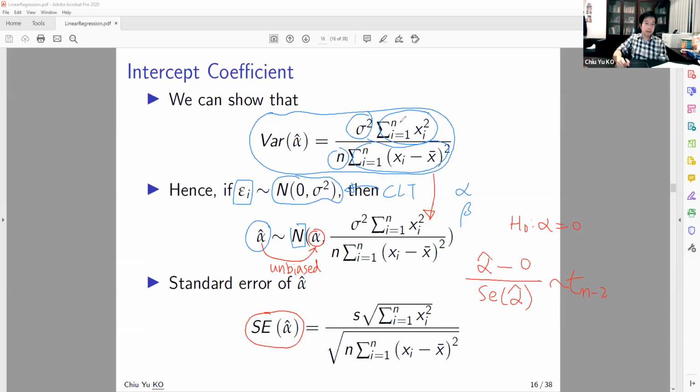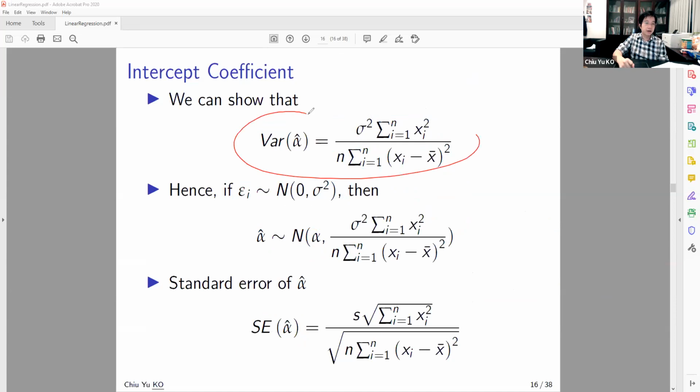But let us prove this for you. Under this central limit theorem, we have this, and then we can do inference.